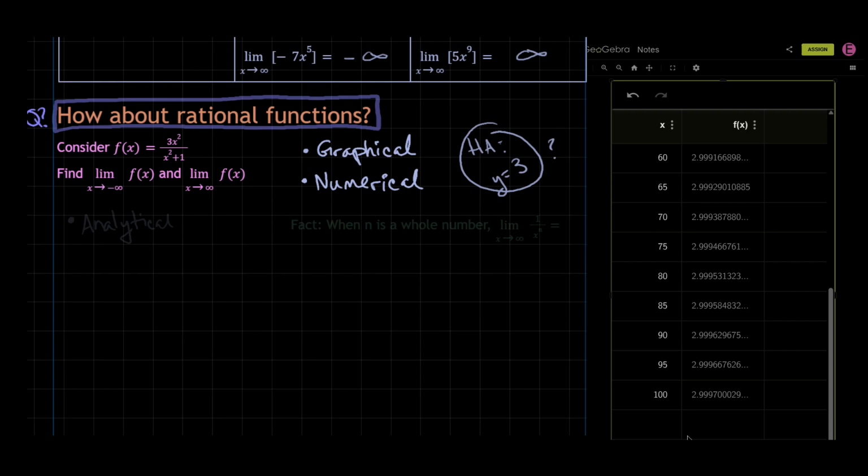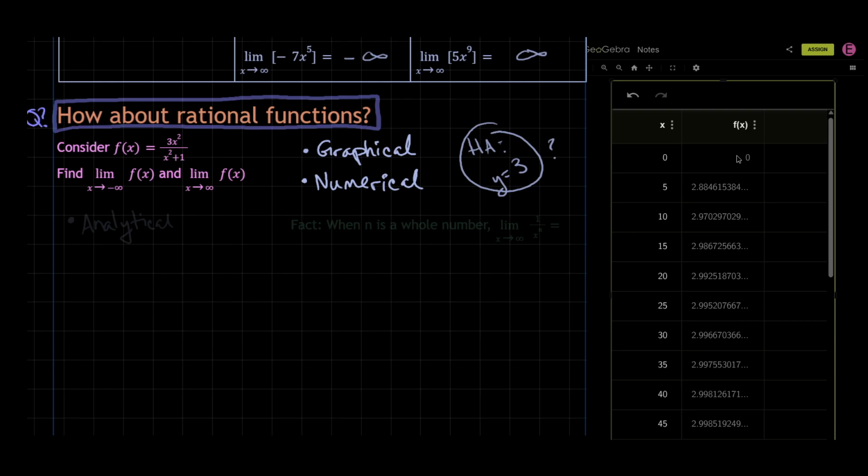By the time we get to 100 for our x value, your y value is already 2.999, very, very close to 3. And then maybe try this with more zeros. The more zeros I put in, the closer to 3 it gets. So the numerical approach supports the idea that we've got a horizontal asymptote y equals 3.